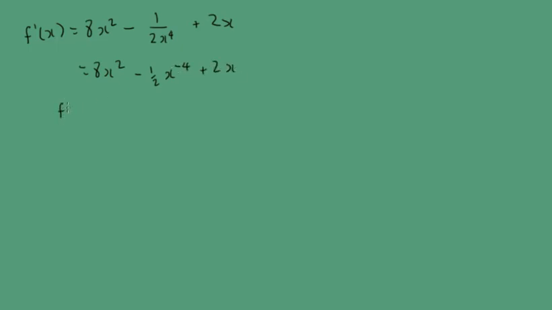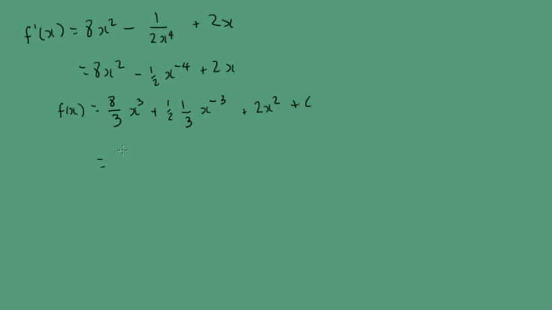So therefore f of x is going to be 8 over 3x cubed minus a half, that's going to be minus 4 plus 1, that's going to be a positive, so it's going to be a third x to the minus 3 plus 2x squared plus c.